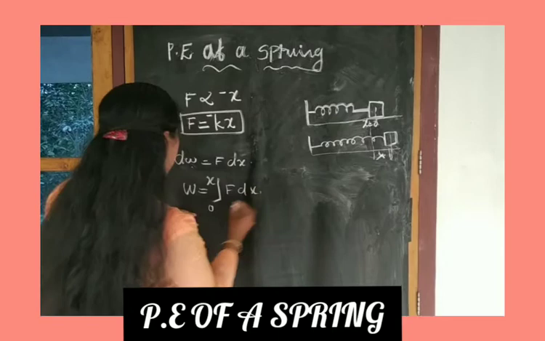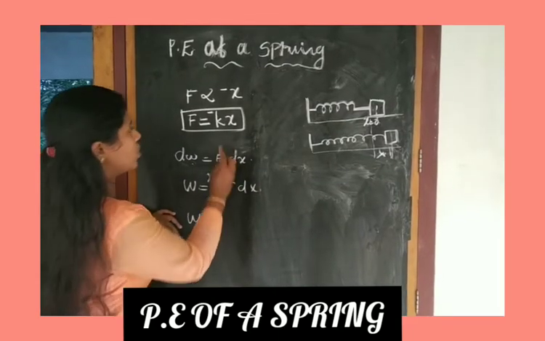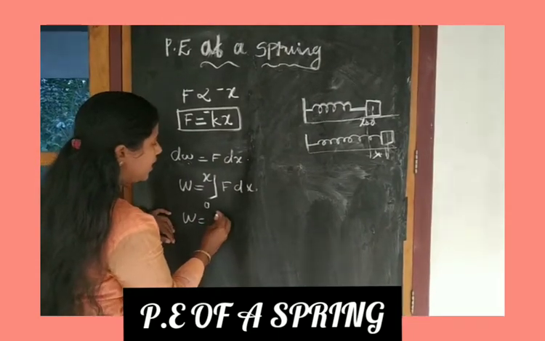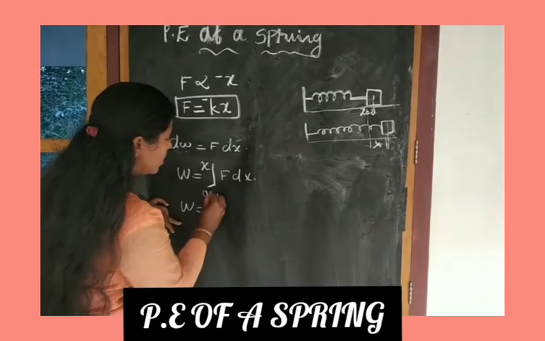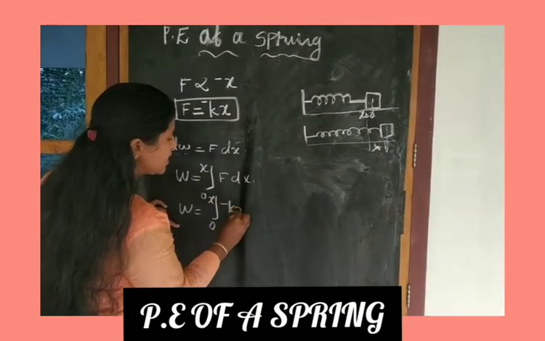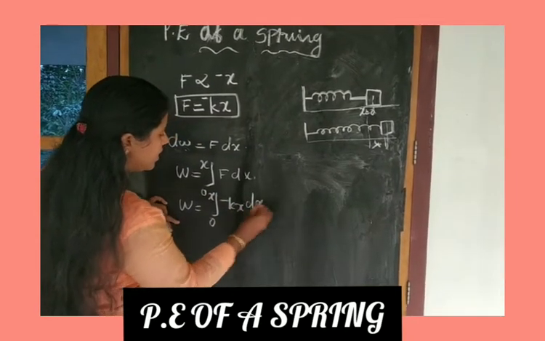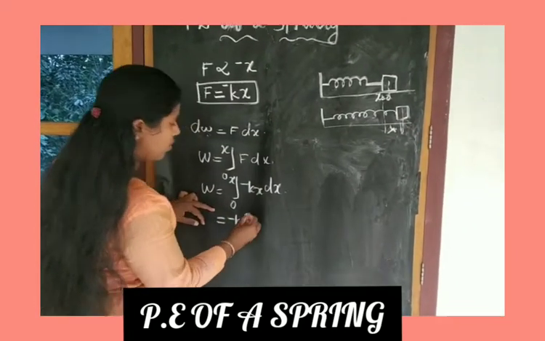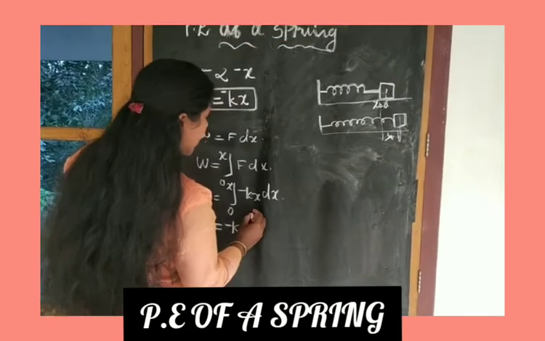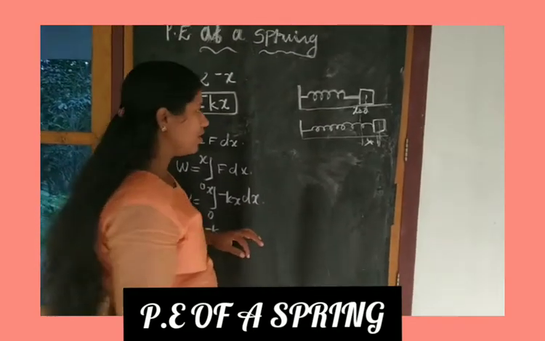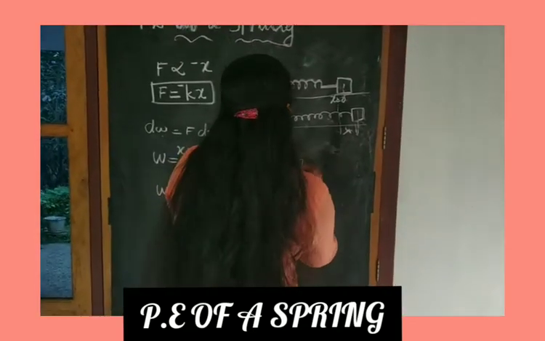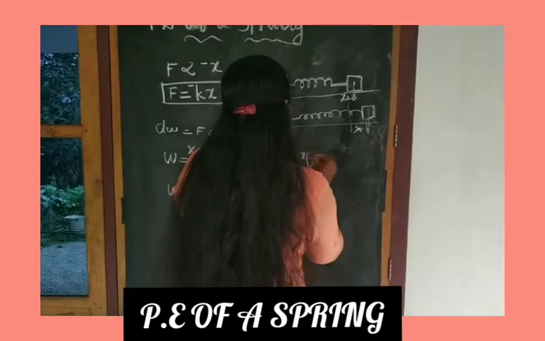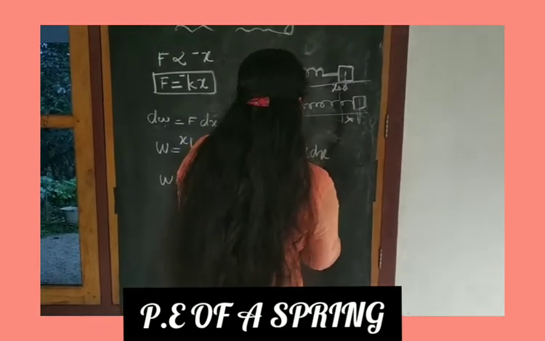We know that F is equal to minus kx, so W is the integral from 0 to x of minus kx dx. K is a constant, so we can take minus k outside, and then the integral of x dx from 0 to x.